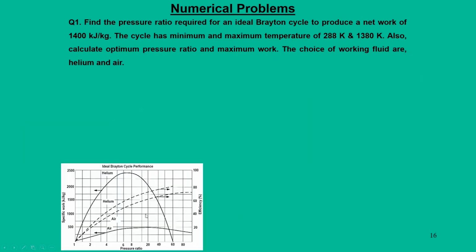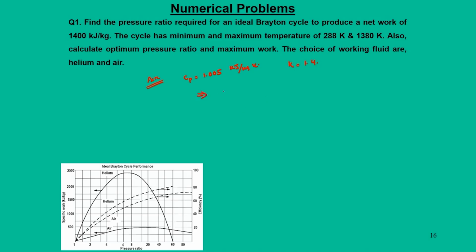Now, the same thing if I try for air. For air, we say Cp is 1.005 kilojoule per kg Kelvin, and k is equal to 1.4.